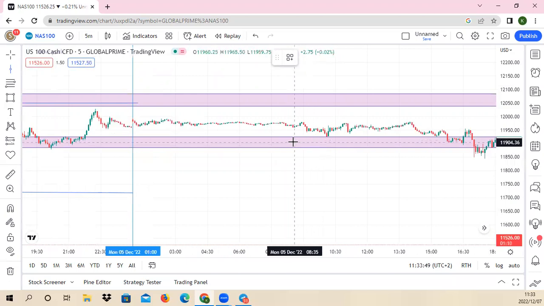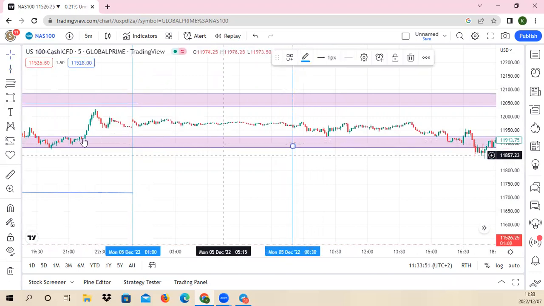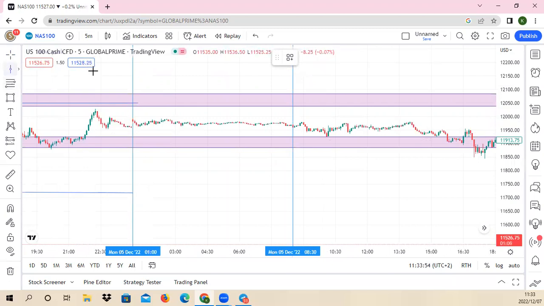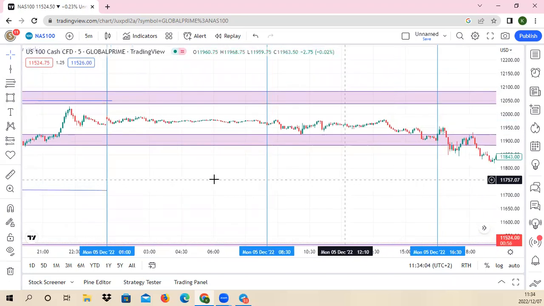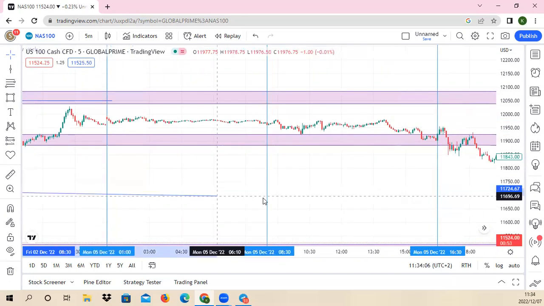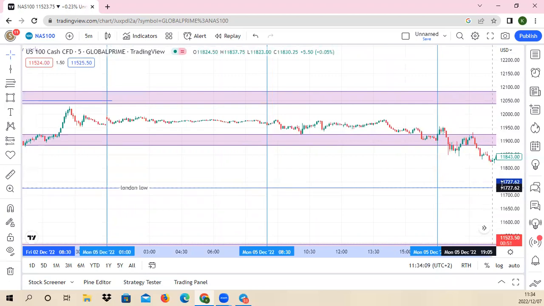But it's always good to just keep track of what was going on in the weekend. Because this also helps you to identify where liquidity is being compounded at, you know, to see the compound of liquidity. And then we're still trying to monitor where our London low and high liquidity is going to be taken out.